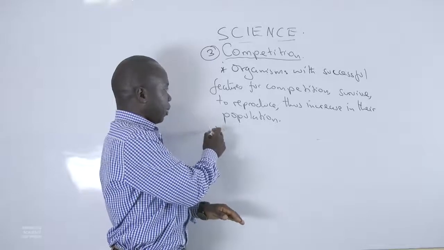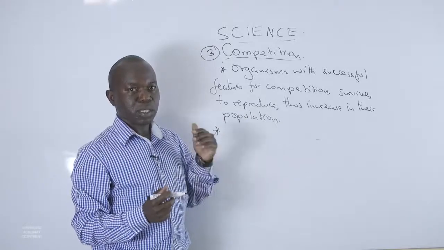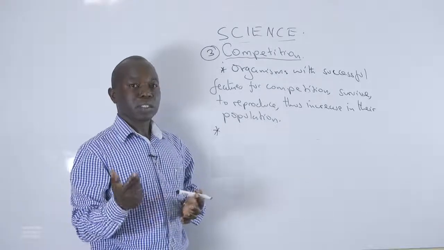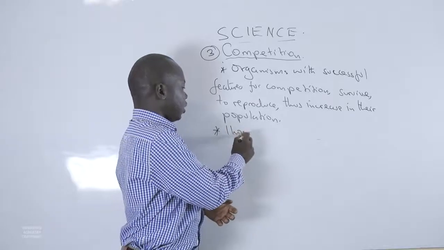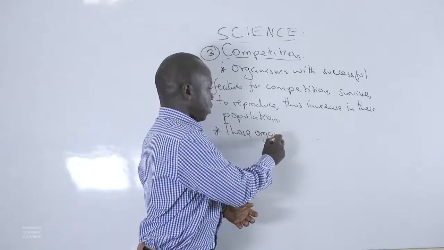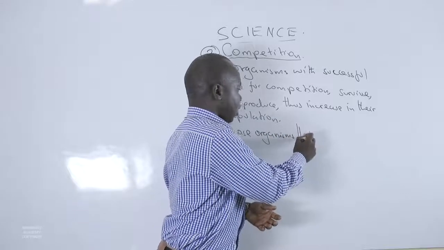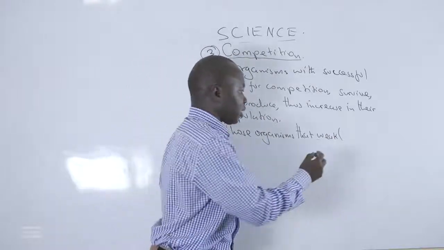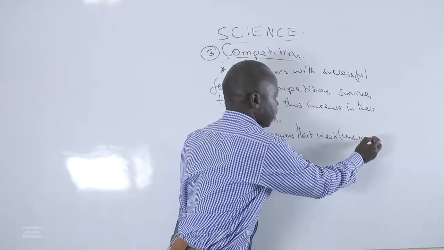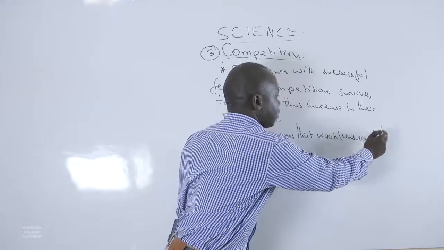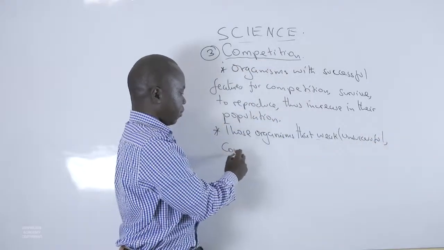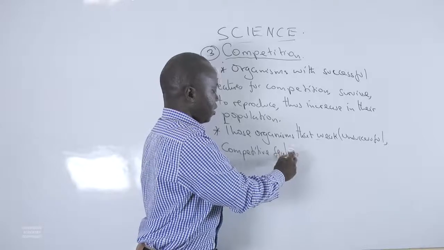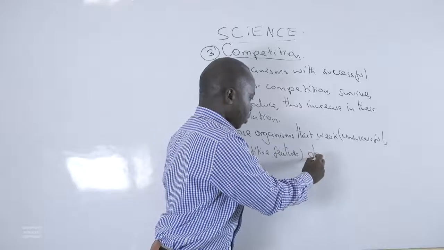But vice versa will happen to those weak organisms with what we call disadvantageous variation, those variations that cannot help them. So those organisms that are weak, in other words, those with unsuccessful competitive features, do not survive.